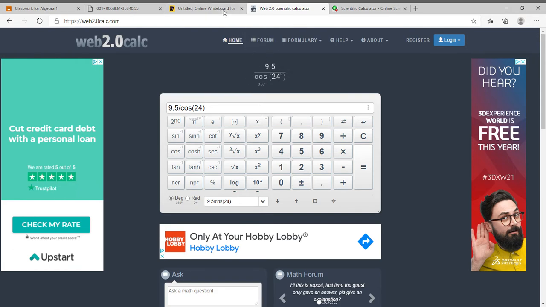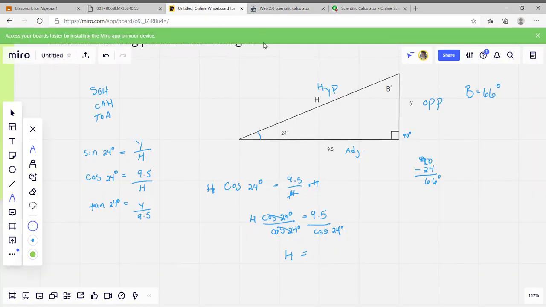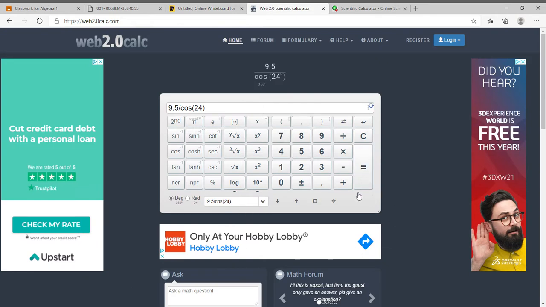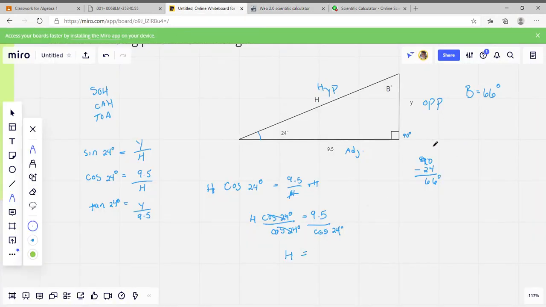And if I look up here, I can see that yep, that is what I need. And that is 10.399, and we're going to round that to 10.40. All right, so that tells us that h equals 10.4.